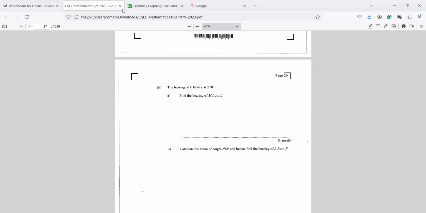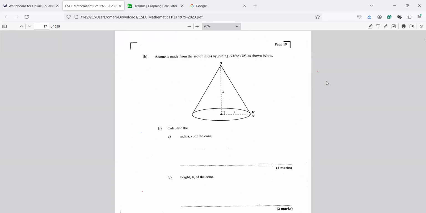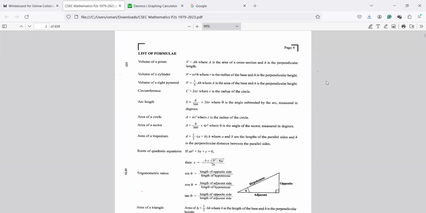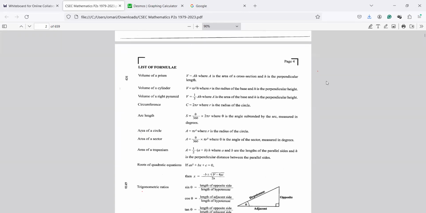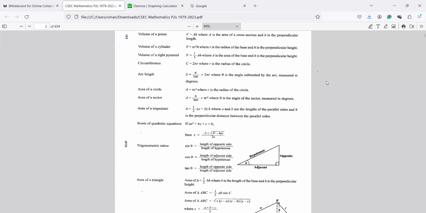All right, so we're going to see if we can try to find another question that is linked to the other topics that you guys have an issue with. All right, so just to look at the formulas that come on the paper. These formulas were what were presented to the students last year. There is no rule that says CXC must give you the same formulas every year. They can change it.